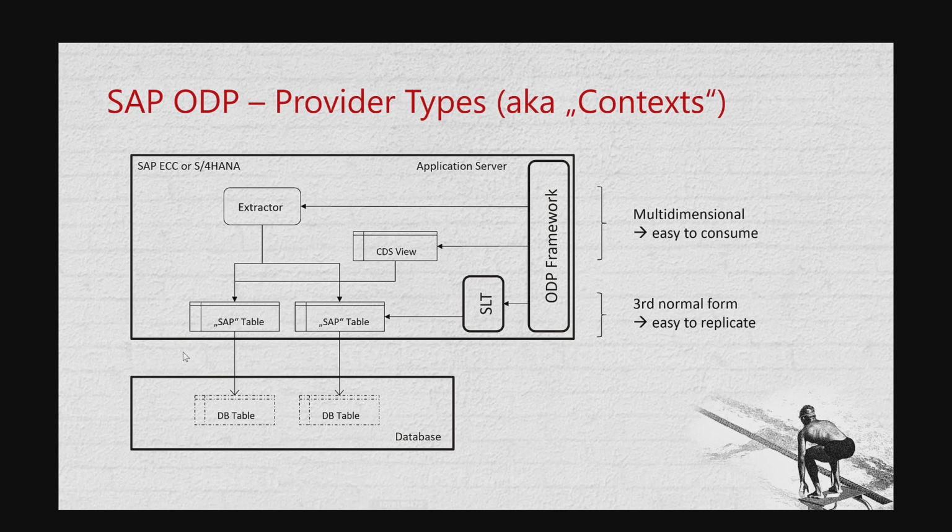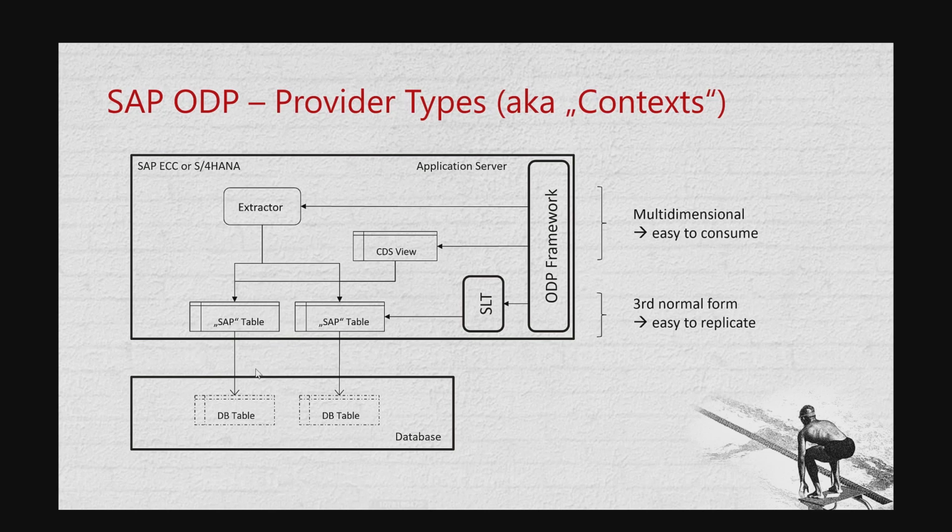You can either decide to go for data on table level when you consume via ODP, which, as we already saw in a couple of slides earlier, requires an SLT server to be installed either on the same application server as your ECC system is running on, or there's also a hub installation of SLT, so you can also install it on a separate server and connect it to your ECC system to avoid dependencies when it comes to application lifecycle management, for example, or even to connect multiple ECC systems to the same SLT server.